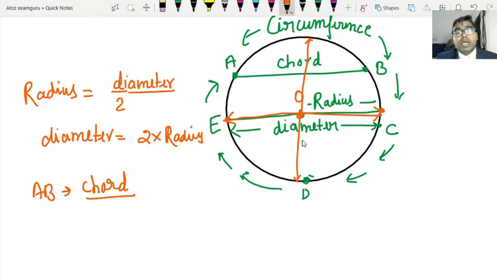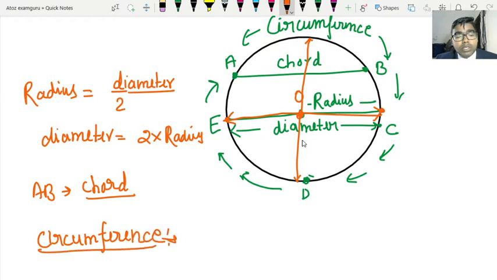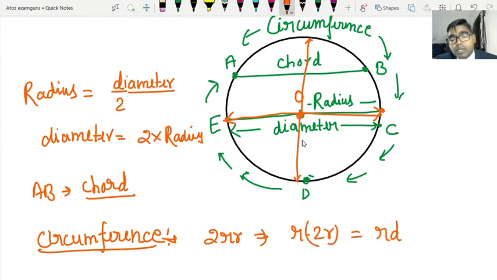Right, friends? And the next thing is circumference. Friends, it is called the outer periphery. This outer periphery is called the circumference of the circle, and it is 2 pi r. You can write it as pi into 2r or pi into d units.